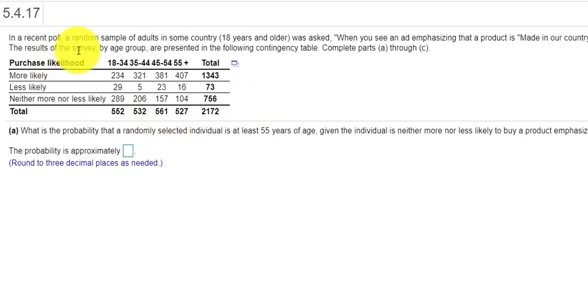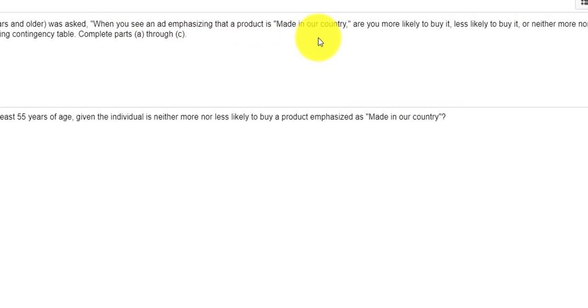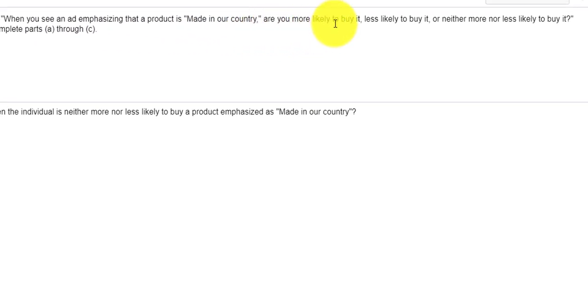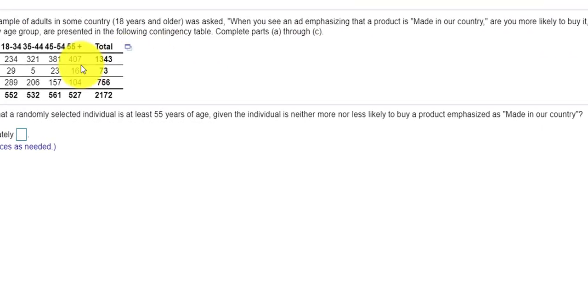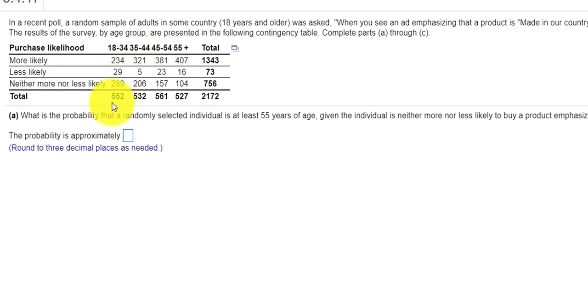Okay, so in a recent poll, a random sample of adults in some country, 18 years and older, were asked: when you see an ad emphasizing a product is made in our country, are you more likely to buy it, less likely to buy it, or neither more nor less likely? Here's our table.